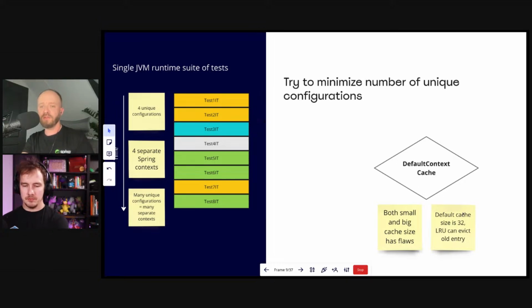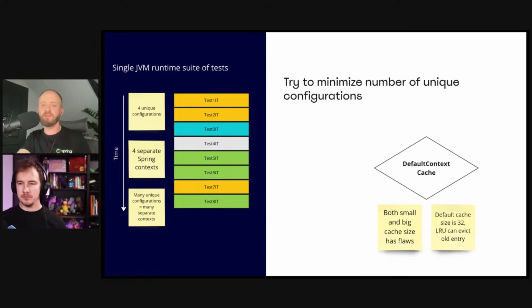By default, this cache is a least recently used cache with a size of 32, and what we have out of the box with the framework, we can make either too small or too big. If we make it too small, it will lead to more frequent redundant reinitialization of the Spring context, because it will be evicted.